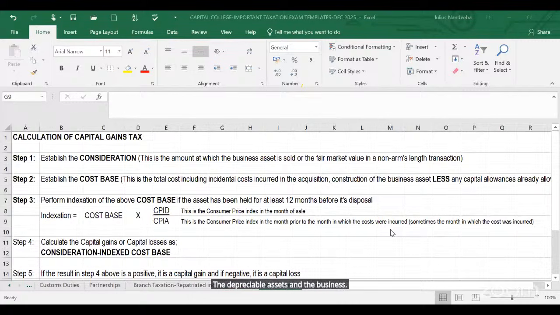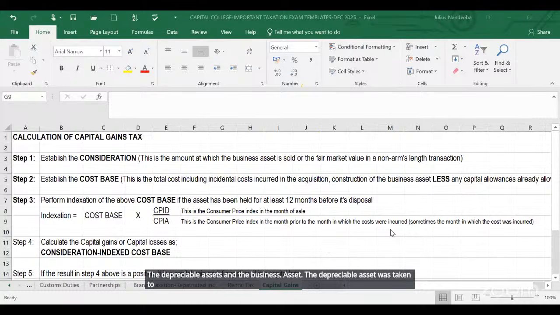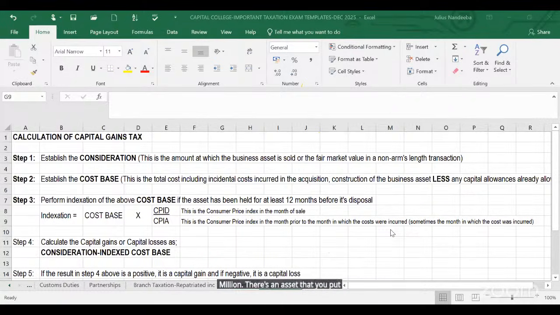The depreciable asset was taken to the wear and tear up to the maximum of 60 million. There is an asset that you put aside. That asset qualified as a business asset, meaning if you also dispose of it, you'll be getting capital gains. Now, that is item number one. There must be a business asset. And I've given you examples of business assets.